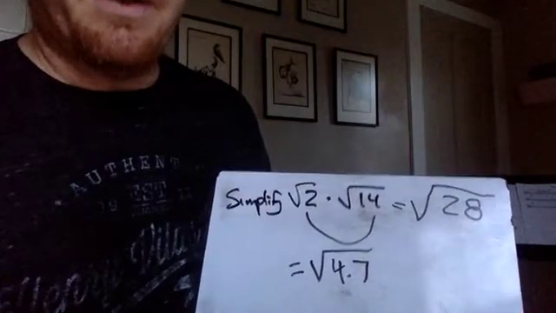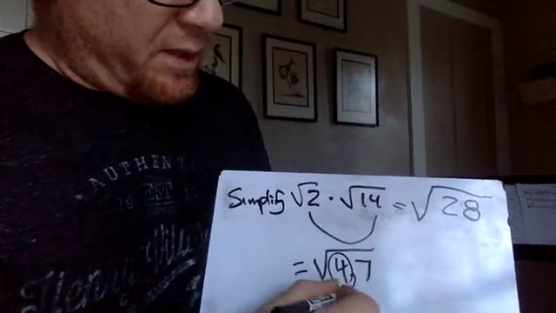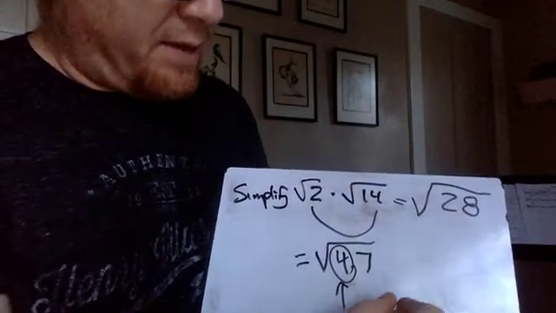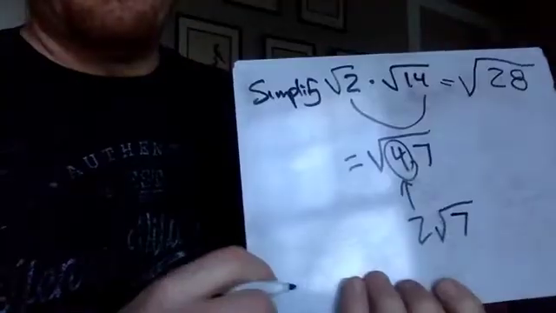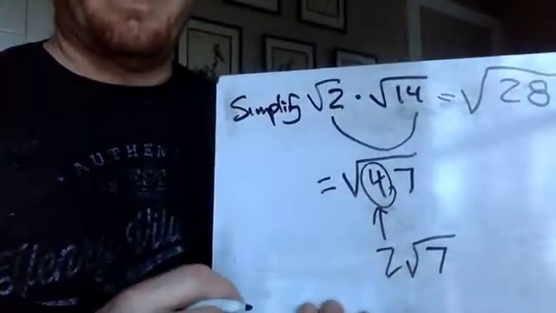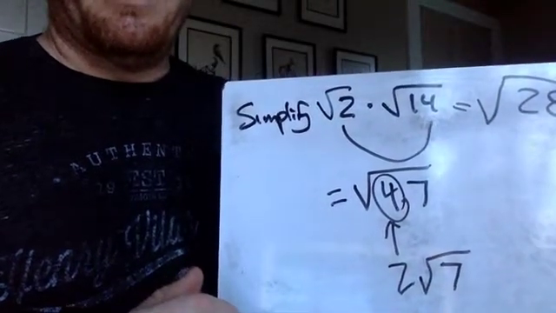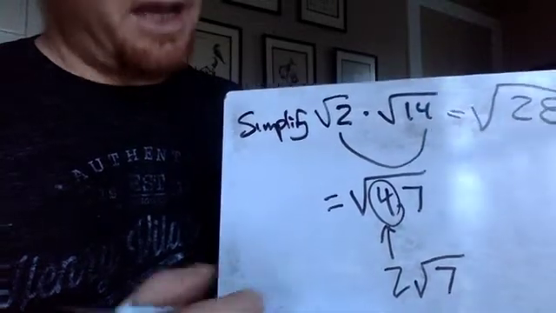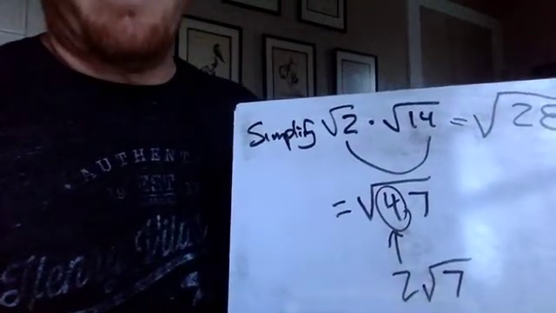I know that the square root of 4 is 2, and the square root of 7 is just going to stay a square root of 7. Let me hold this up so you can see it. So the square root of 4 turns into 2, and once you take it out, it stays outside the radical, and you just glue it next to the radical sign, and then you have the square root of 7.